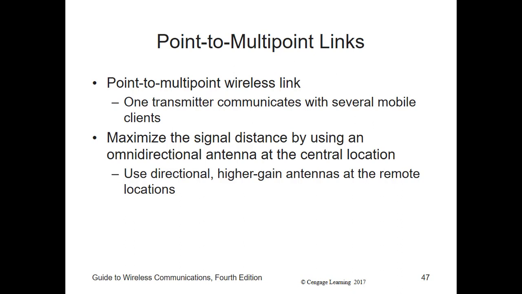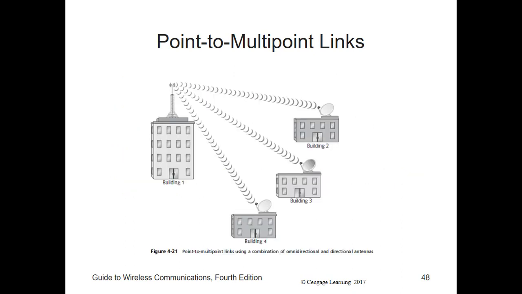So as you can see here, building 1 is just pushing out in all these different directions, right? But then buildings 2, 3, and 4 have a dish, and that is allowing them to more focus the signal into the receiver.